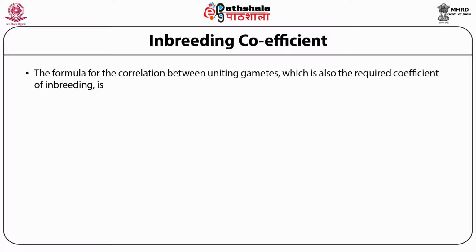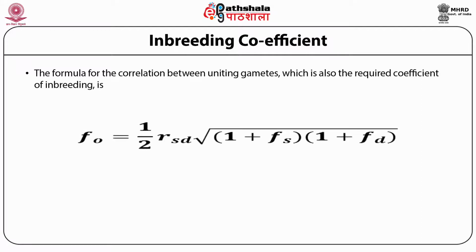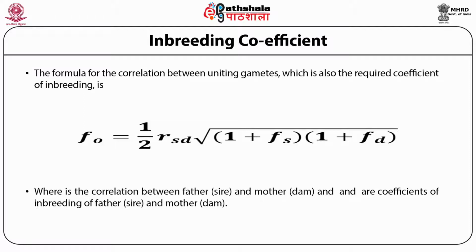The formula for the correlation between uniting gametes, which is also the required coefficient of inbreeding, is FO = 1/2 RSD √((1 + Fs)(1 + Fd)), where RSD is the correlation between father and mother, and Fs and Fd are coefficients of inbreeding of father and mother.